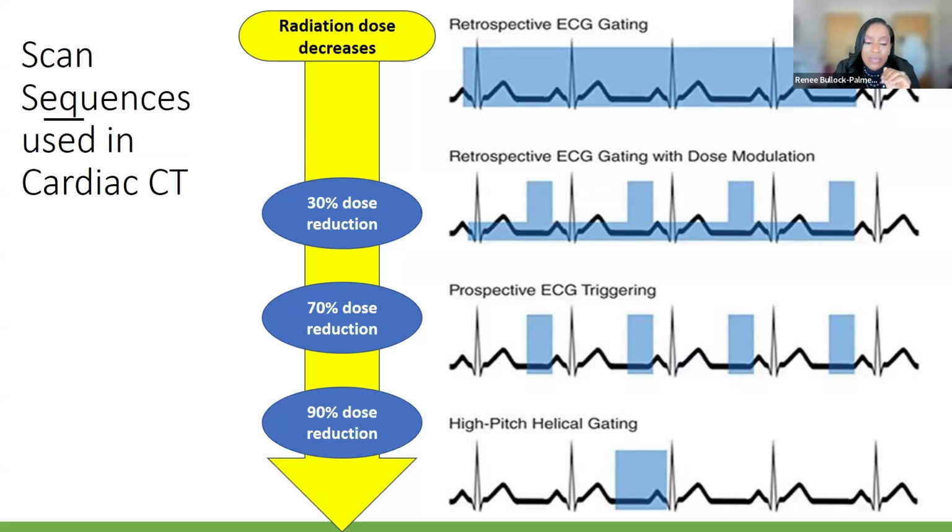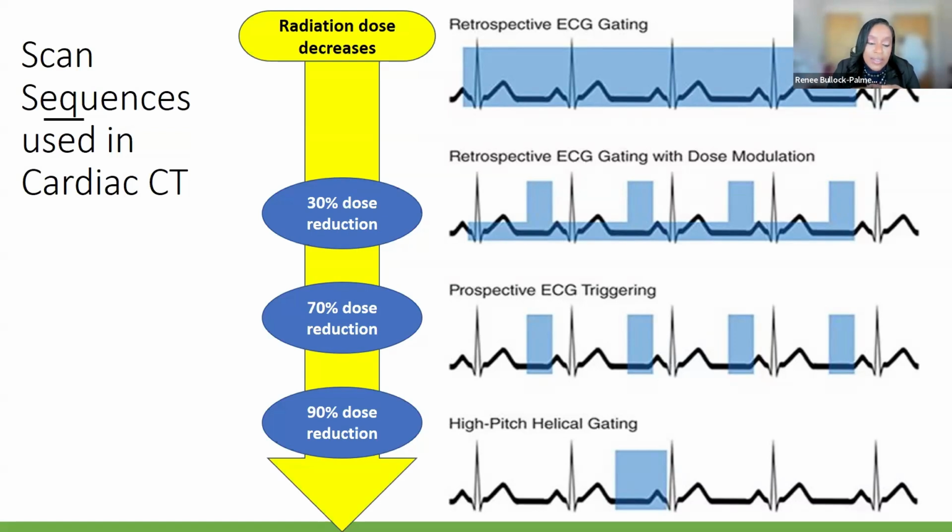We can then lower it even further with prospectively gated studies, where if we're just looking at the coronaries, let's say it's a patient that has had DTGA with an arterial switch, where you're looking at the buttons of the coronaries to make sure that there's no stenosis. If that's your sole purpose for doing the scan, a good quality prospectively gated study can give you the information that you're looking for, and that will yield you a 70% dose reduction.